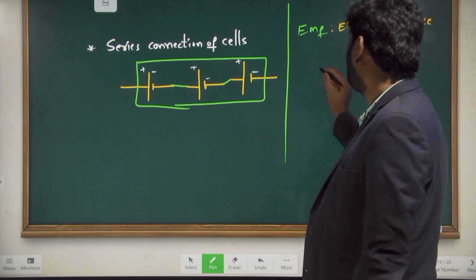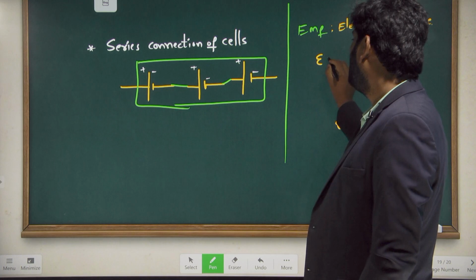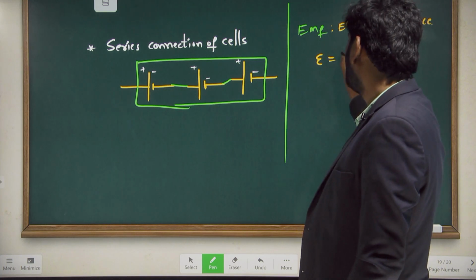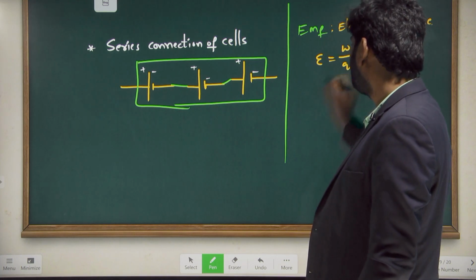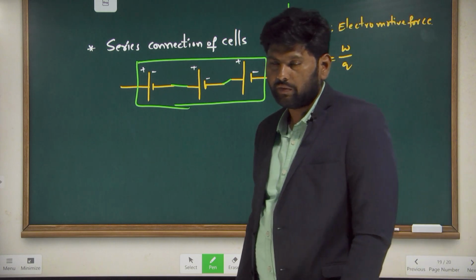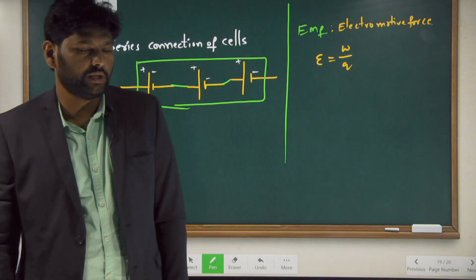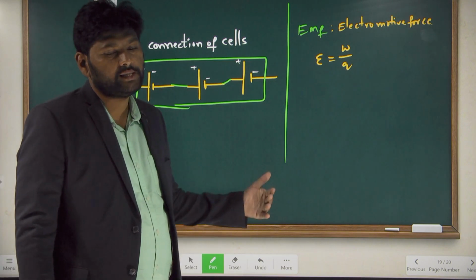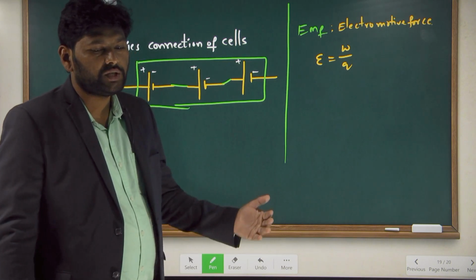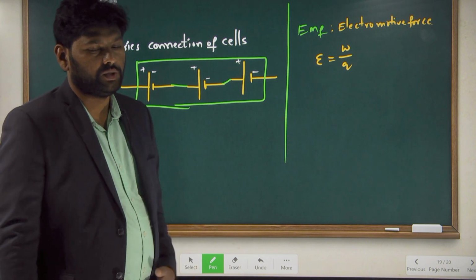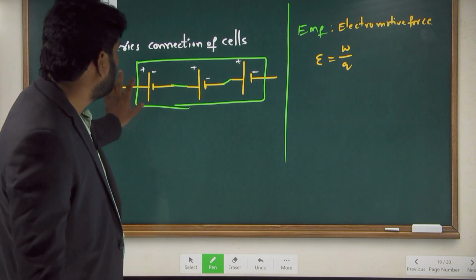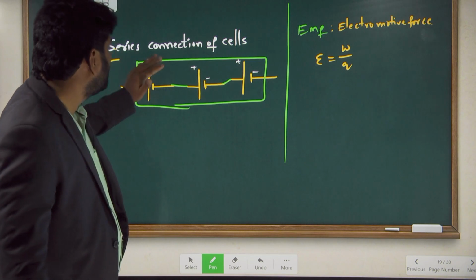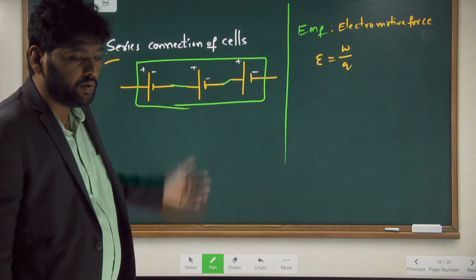Generally, EMF is represented with the letter E. The formula for EMF is work done per unit charge. So every cell has an EMF, meaning every cell has the capability to move a charge from one position to another. Now, when you make the series connection, the EMF value increases.